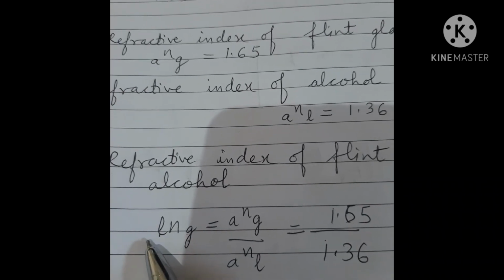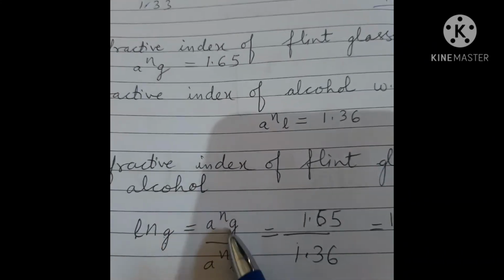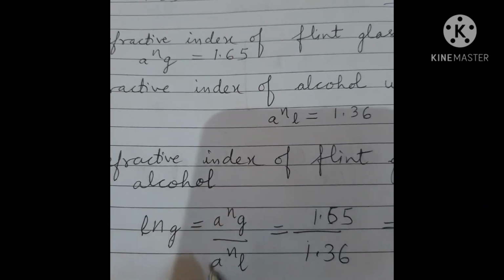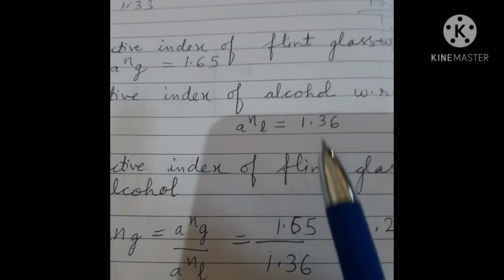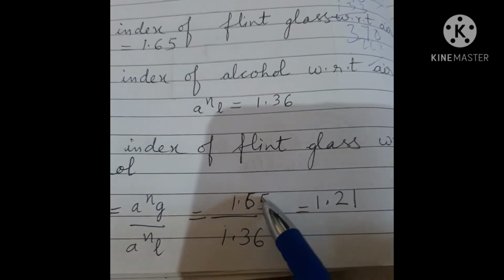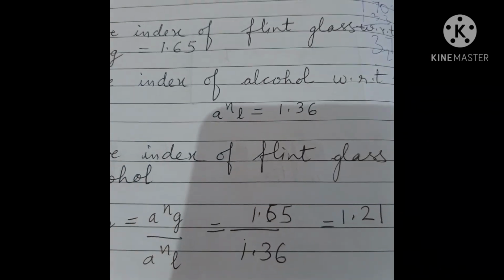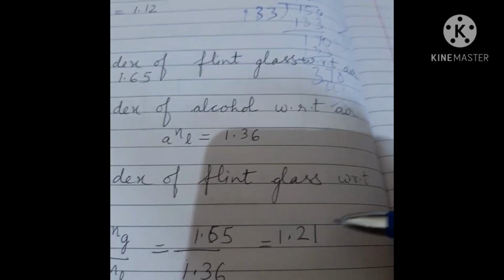ANG upon ANL; second medium at the top, first medium at the bottom. So 1.65 upon 1.36. The decimal will go from both, 2 places. So 165 divided by 136, you will get 1.21.